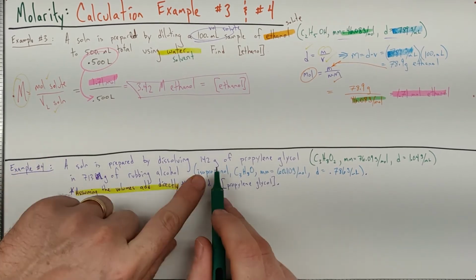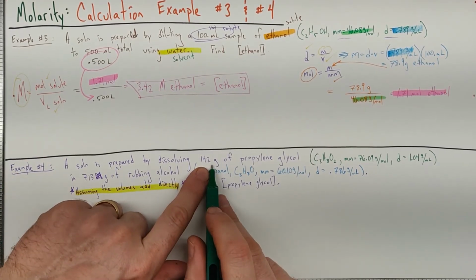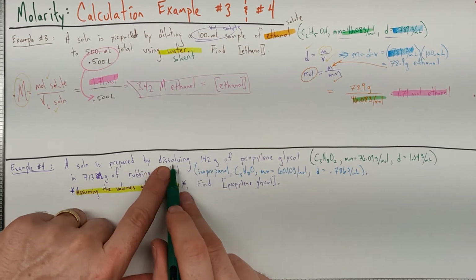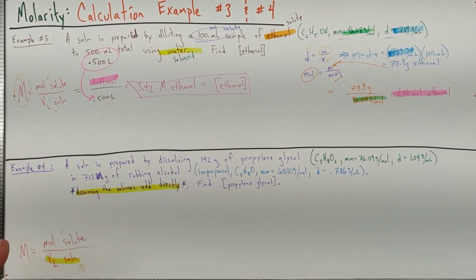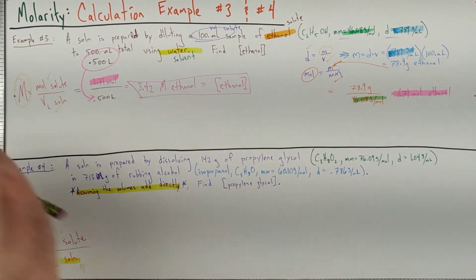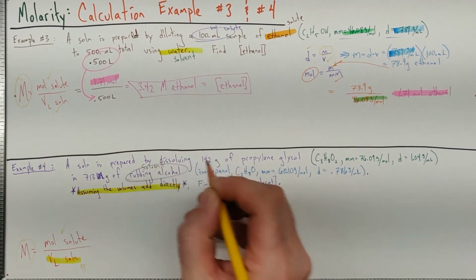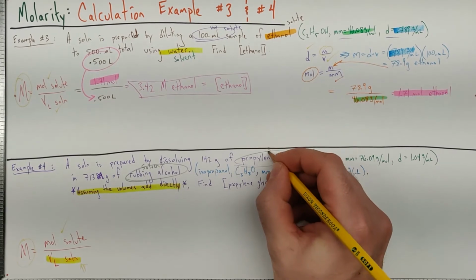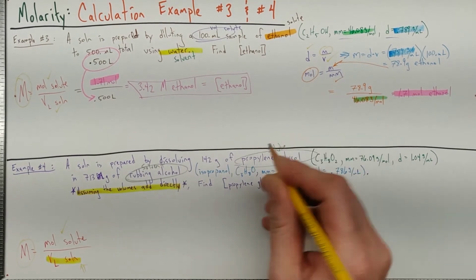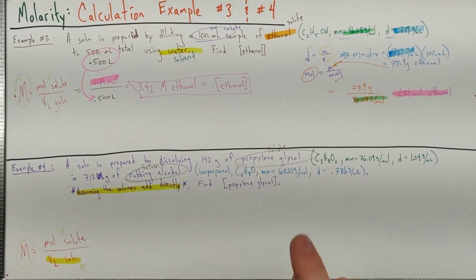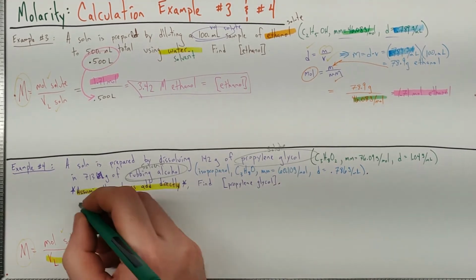In this particular case, you have 142 grams of propylene glycol. It is dissolved in the rubbing alcohol, so that gives us a pretty good indication that the rubbing alcohol is our solvent and the propylene glycol is our solute. All right, so we're looking for moles of propylene glycol. Let's put it right here.